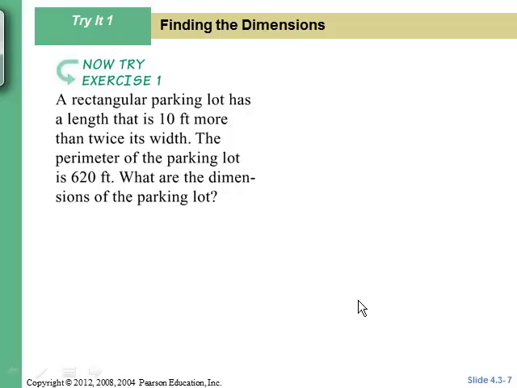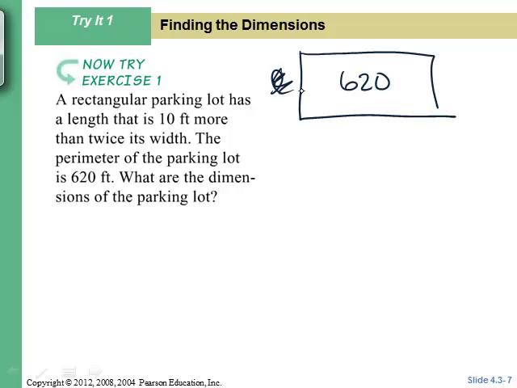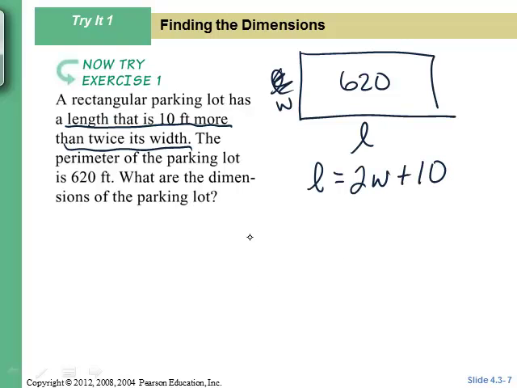Next one. You do this one, and when you're ready, press play and I'll show you how I did it. 620, length, that's the width, this is the length. And then it says length is 10 more than twice the width. Length is twice the width plus 10. Perimeter, 620, equals 2W plus 2 parentheses.